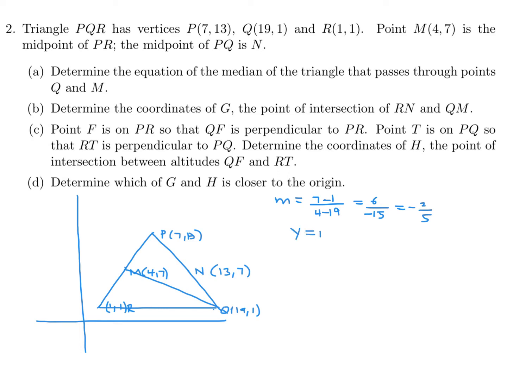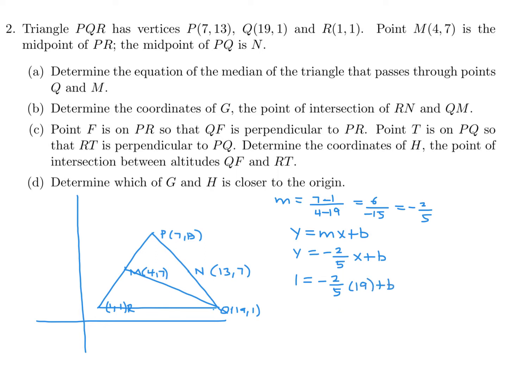So the equation of any line is y equals mx plus b. m we just figured out is minus 2 over 5, so y equals minus 2 over 5 x plus b. Now we just have to figure out b. We can substitute either of these points, M or Q. I'll just put in the 19, 1. So when y is 1, x is 19.